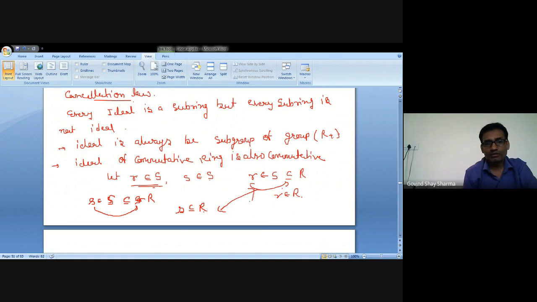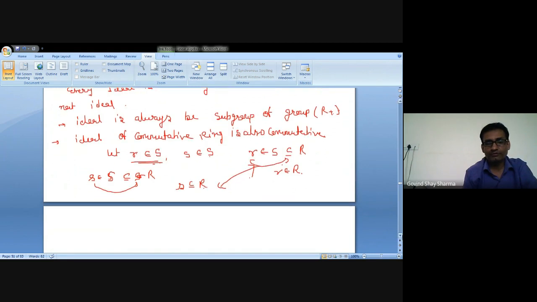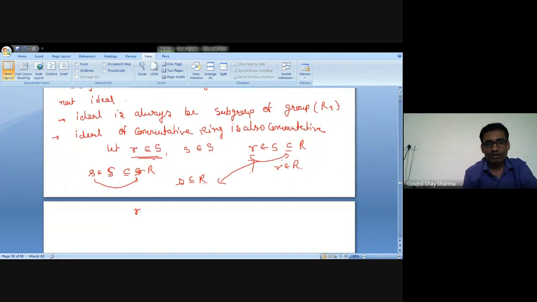Why these two equations? We can take rs is equal to sr because R is commutative and S is an ideal.